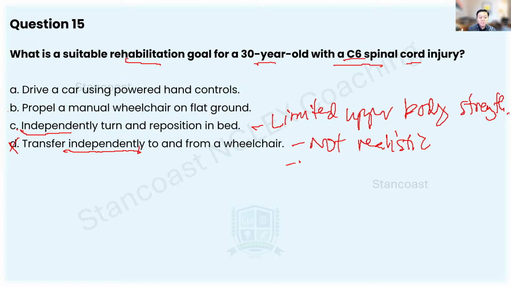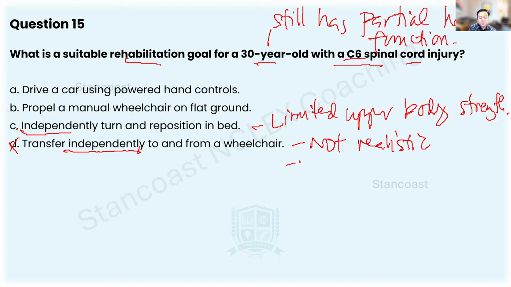They can use their hands to push a wheelchair on a very smooth, flat surface because they still have partial hand function. So this is something that is still available in this patient. They will still have this motor function. Propel a manual wheelchair on flat ground. They can do it. And again, we are actually promoting rehabilitation in this patient.